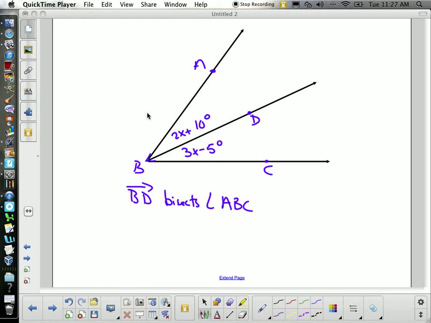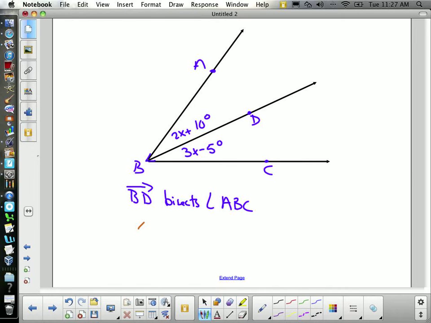Yeah, they have equal measure, so set them equal to each other. Try again. And then we just go ahead and do our algebra. The 15 cancels, and 1x, or just x.